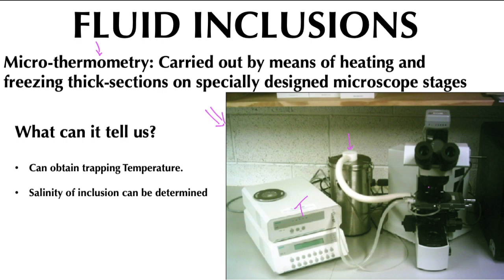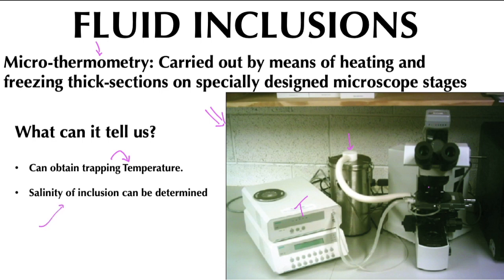And in a very controlled environment, we try to understand the trapping temperature. Trapping temperature is the temperature at which all the material was trapped inside the inclusion and it became a closed system. We can also determine salinity of inclusions.